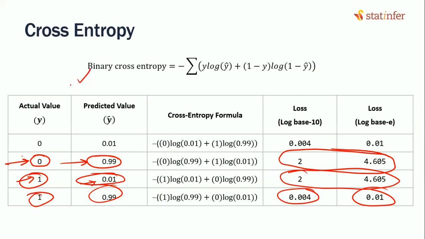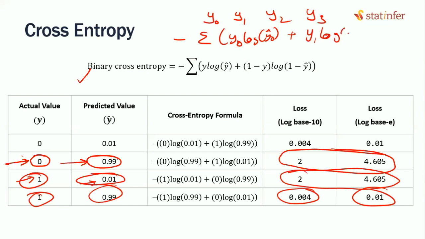You can take it for multiple classes as well. You can extend this same thing. Till now we have seen only y0, y1. What if I have y0, y1, y2, y3? Then what is the formula? Minus summation y0 log of y0 predicted plus y1 log of y1 predicted plus y2 log of y2 predicted.